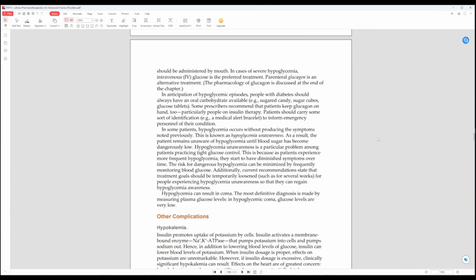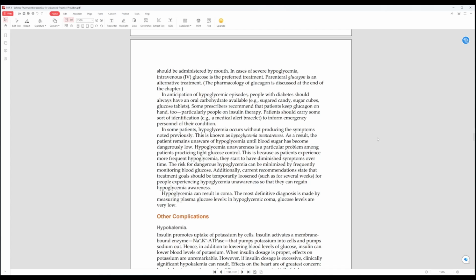In some patients, hypoglycemia occurs without producing the symptoms noted previously. This is known as hypoglycemic unawareness. As a result, the patient remains unaware of hypoglycemia until the blood sugar has become dangerously low. Hypoglycemia unawareness is a particular problem among patients practicing tight glucose control. This is because the patient experiences more frequent hypoglycemia.